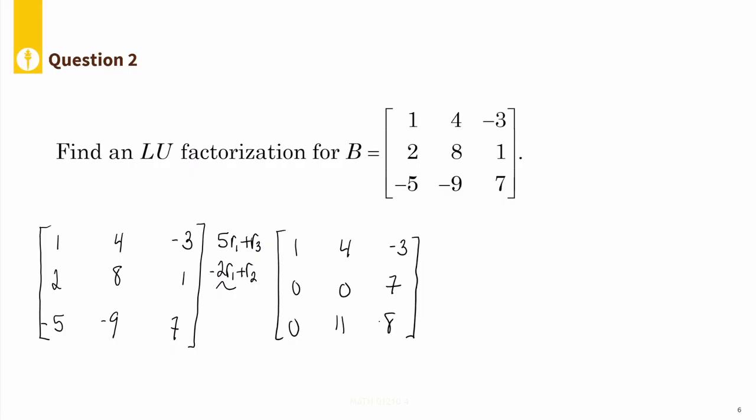Negative 15 plus 7, negative 8. You just got a 0 in the main diagonal.